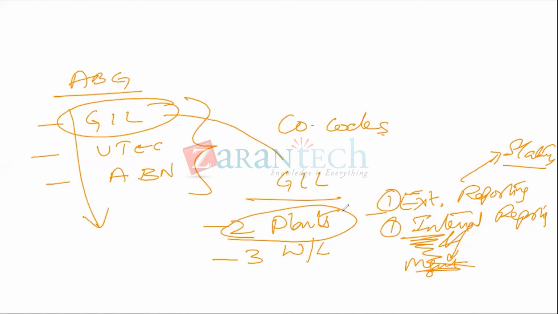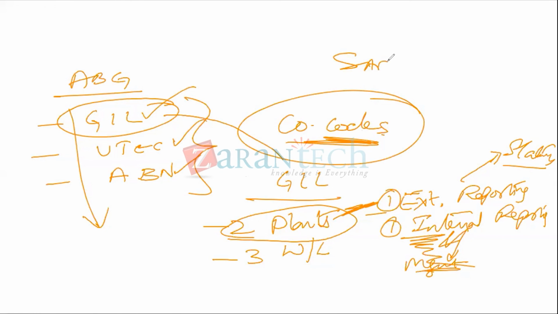In this scenario, this plant which is doing the external reporting, according to SAP, becomes a company code by default. Understand this. Usually what we are saying, Grasim India Limited, Ultratech, ABN, these are all company codes in terms of SAP, right?